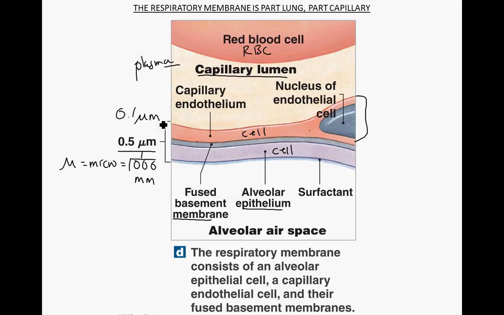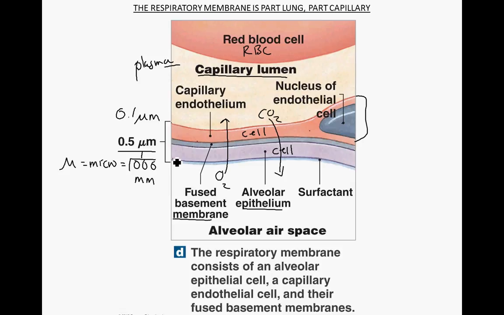The very thin nature here allows oxygen to diffuse rapidly across the cells because it's lipid soluble, and allows CO2 to diffuse across very rapidly and get into the alveolar airspace. So the structure of this respiratory membrane is important, because the thinner this is, the easier the exchange is.